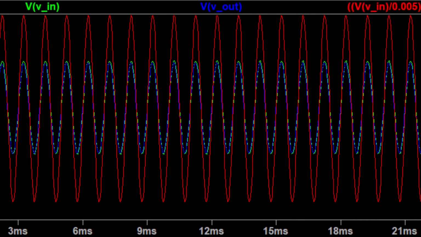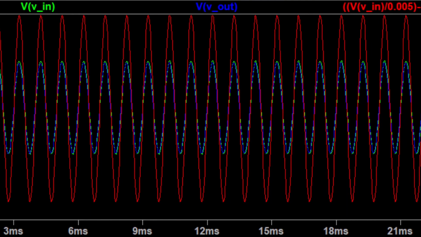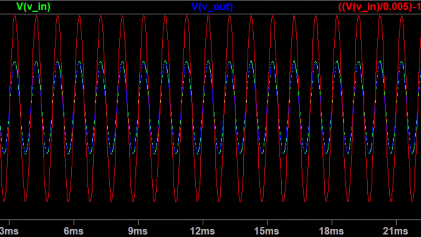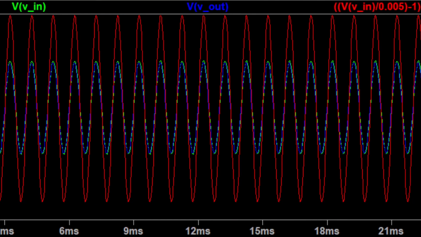From this simulation, I was also able to determine that the voltage input is only slightly higher than the voltage output, which means that the voltage output will fall in the less than 10% attenuation range.